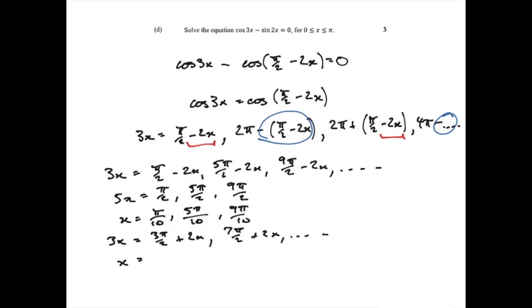So on the left hand side I just have x, and on the right hand side my first one is 3 pi over 2, and 3 pi over 2 is already too big, so none of those count. So my answers are just these three, and 5 pi on 10 I should probably simplify to pi on 2, but they're my three solutions.